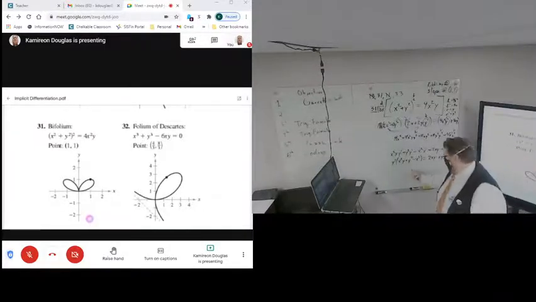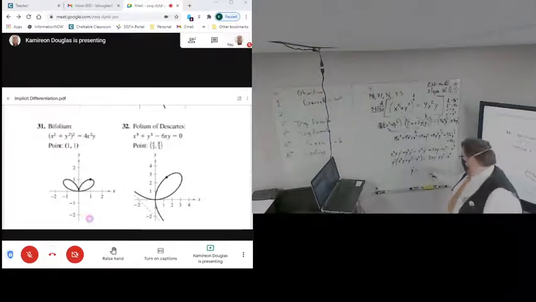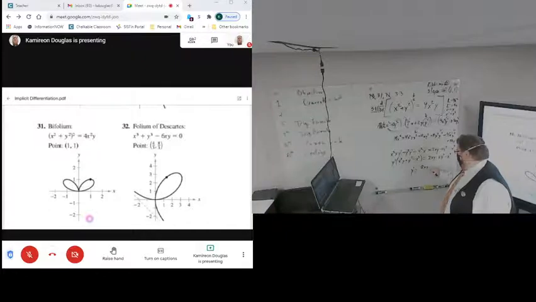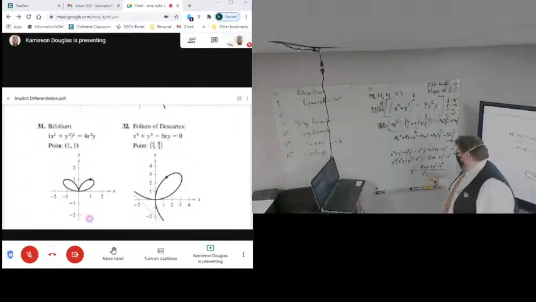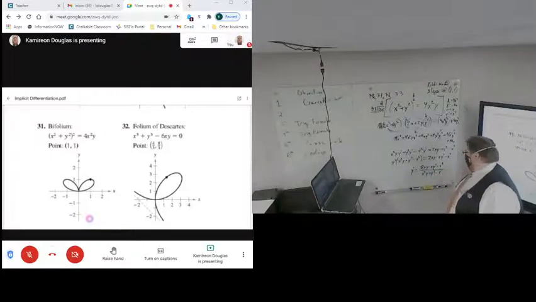Y prime equals that. Okay. 2xy minus xy squared minus x cubed all over x squared y plus y cubed minus x squared. So this is y prime.